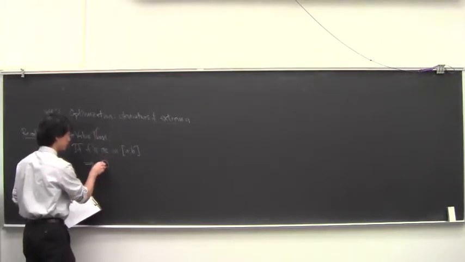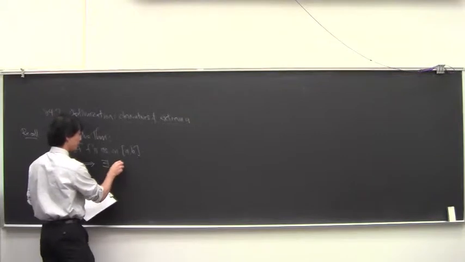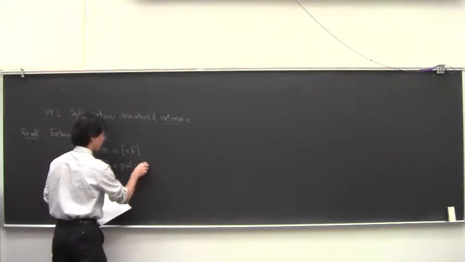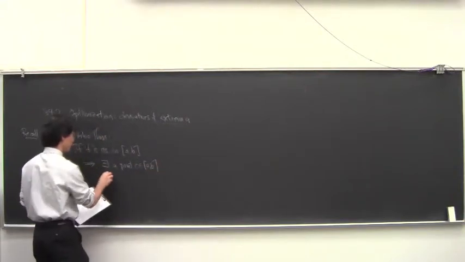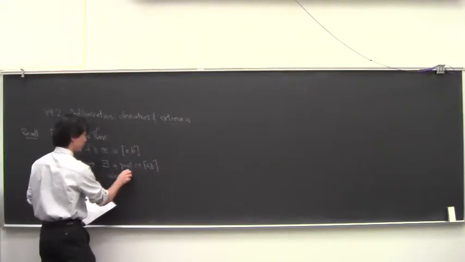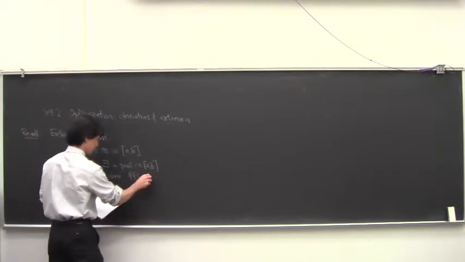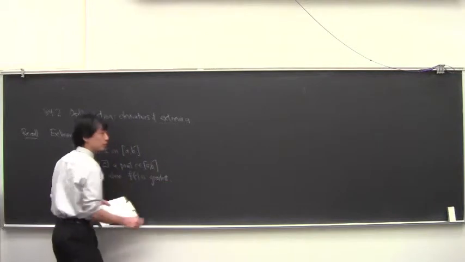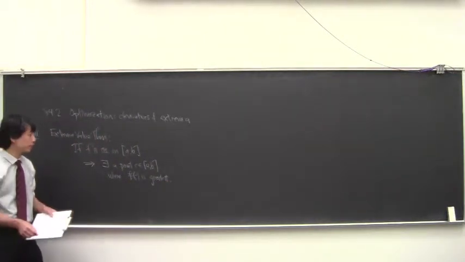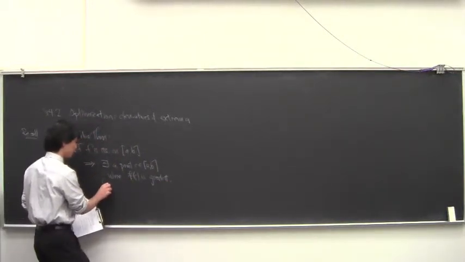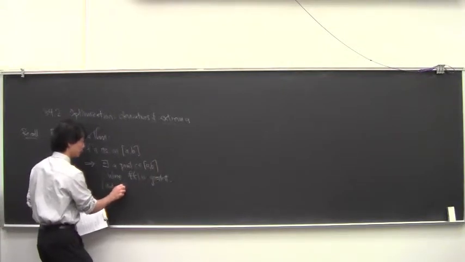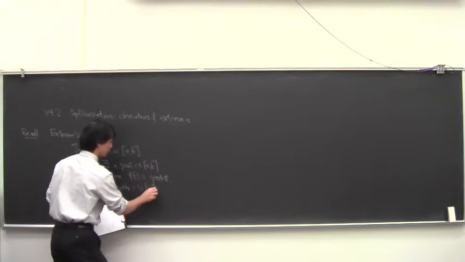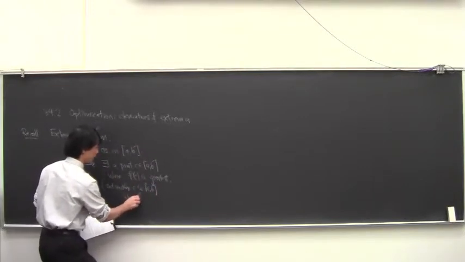There exists a place c where f of c is greatest, and there's also another place, c prime, let's say, where f is smallest.